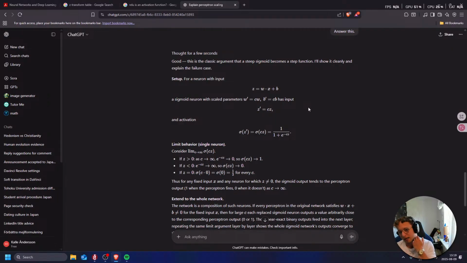And if we have that the input, which is z, is equal to 0, it doesn't really matter what c is going to, because infinity multiplied by 0 is actually 0. Then the sigmoid function is equal to the sigmoid function where the input is 0, which is equal to 0.5 for every c that we input, right?